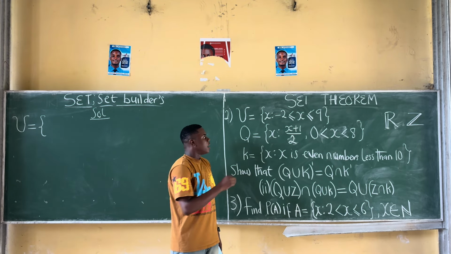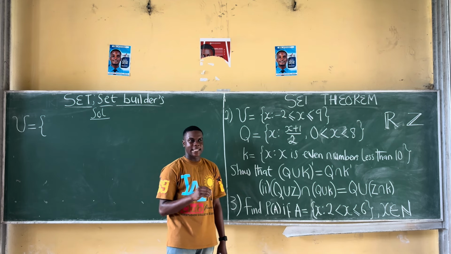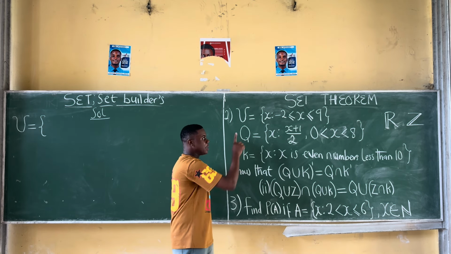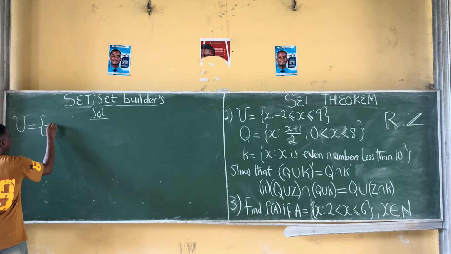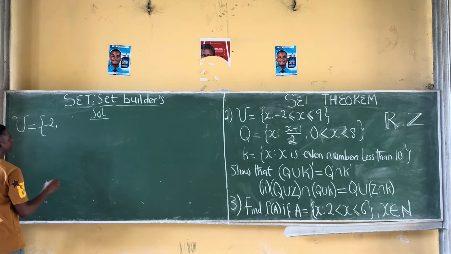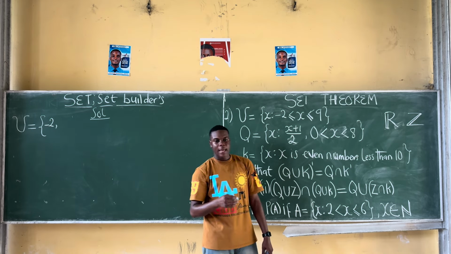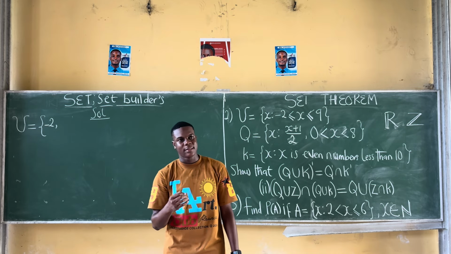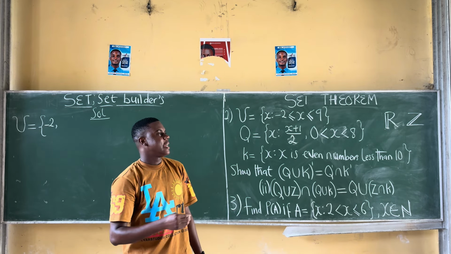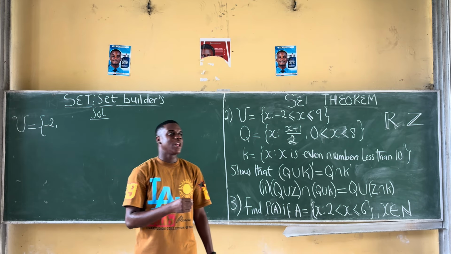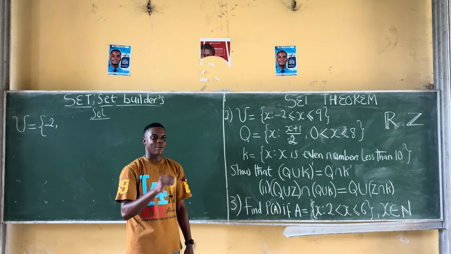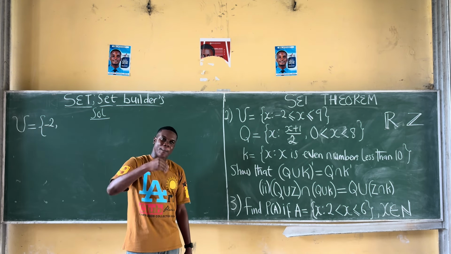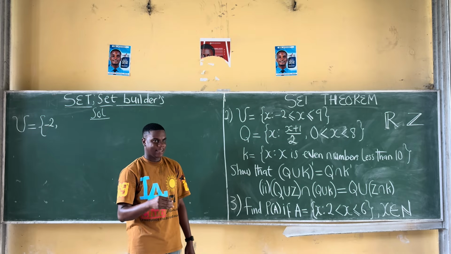Now, let's look at first. So let's list them out. So it means that we're starting from minus 2. So first, the first element will be minus 2. If X is less than or equal to 9, it means that we're looking for 9 and numbers that are less than 9.